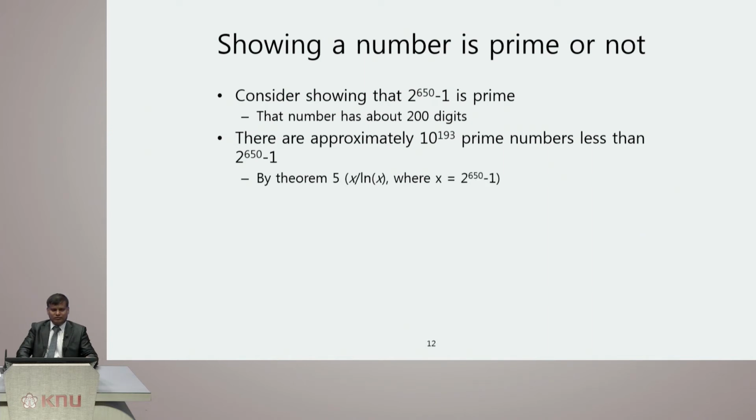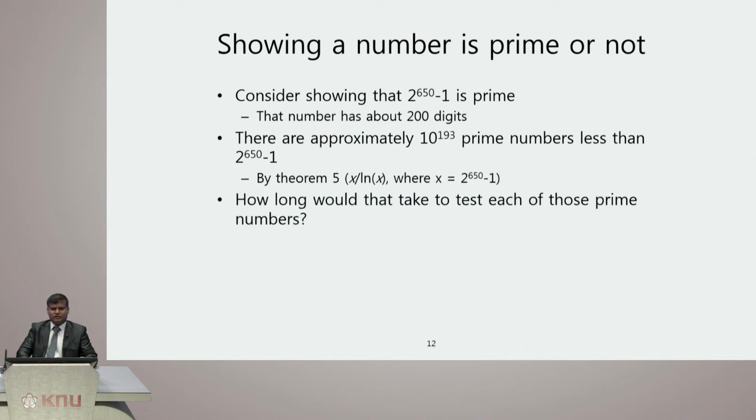By the theorem, we can say x by log x, where x equals 2 power 650 minus 1. So here's the question: how long would it take to test each of these numbers?